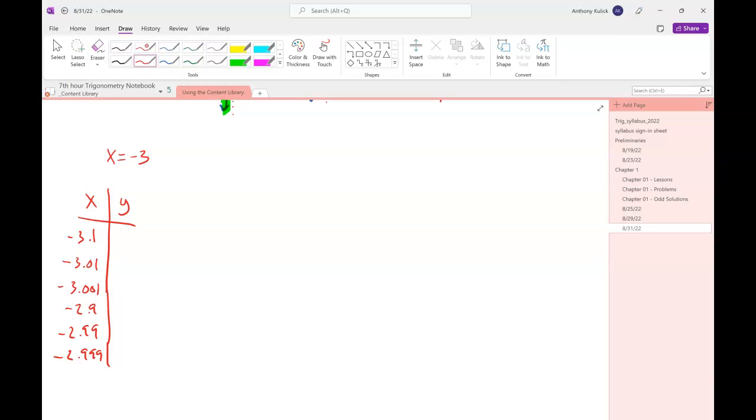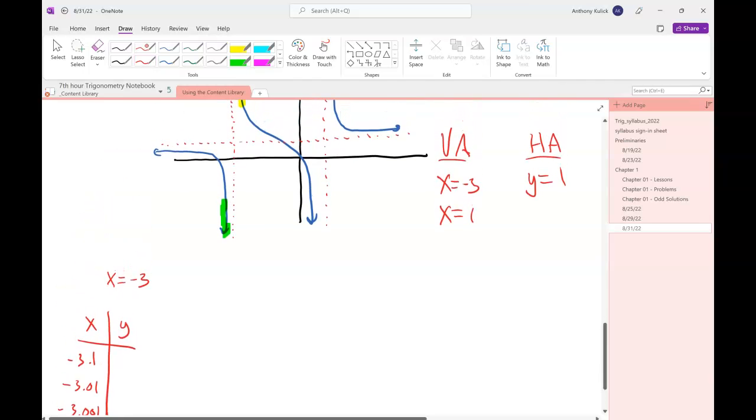Can you repeat why you picked the first 3 values? So I'm looking at this part of the graph that I've highlighted in green. That's the graph approaching -3 from the left. So I'm picking numbers that are less than -3, but are really close to -3 still. Is everybody okay with that idea?